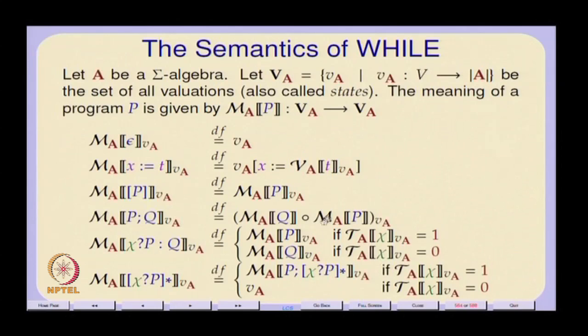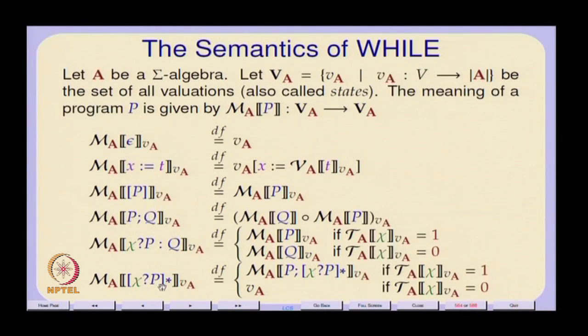As far as the conditional is concerned, it is very simple. This condition chi is a quantifier free formula, and of course your valuation deals with all the variables. So it is possible to evaluate chi for truth under the valuation V A, and if it is true, then the new valuation is whatever you get by executing P on V A, and if it is false under V A, then the new valuation is whatever you get by executing Q. That is the semantics of If-then-else.